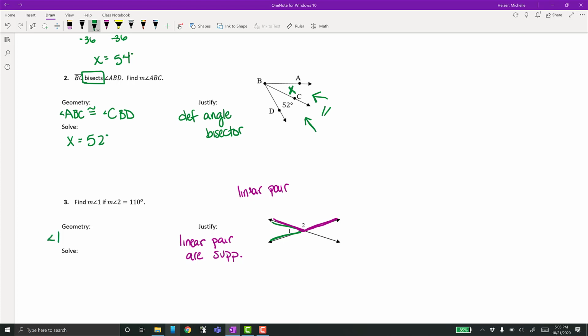So angle 1 plus angle 2 equals 180 because it makes that straight line across. That straight line all the way across. And then we will solve this. So measure of angle 1 I have no information about. So I'm going to call that X. And the measure of angle 2 is 110.